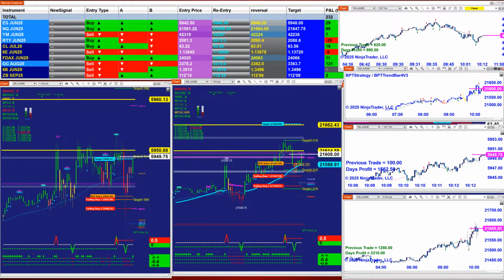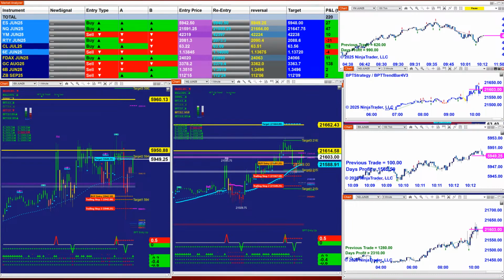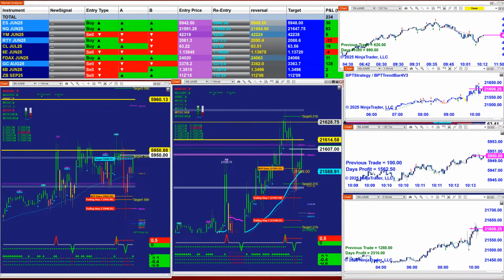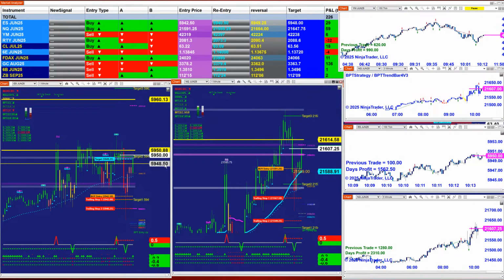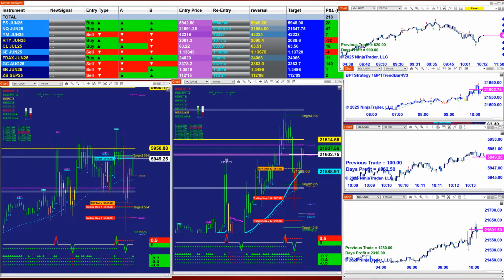This drop with the market has put everything off, so we're waiting. The Nasdaq got caught between those support resistance, so we're waiting to see if this market gets adjusted.